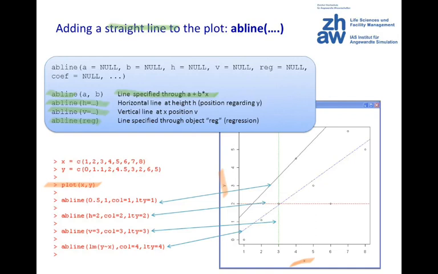You have to start with plot because abline doesn't open a new graphic window. Only when you have this thing open, and you have to make sure to keep it open, you can start using abline in all the possible versions. Again, you have a lot of parameters for this abline. Basically, they are the same as we've already seen in the curve command.